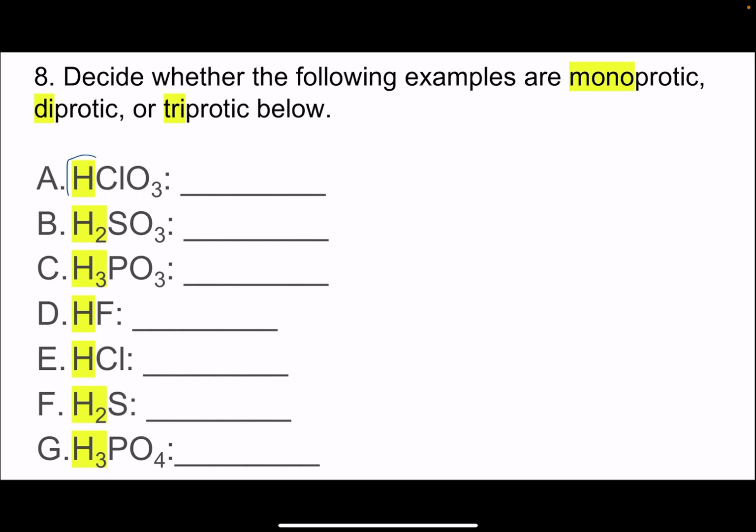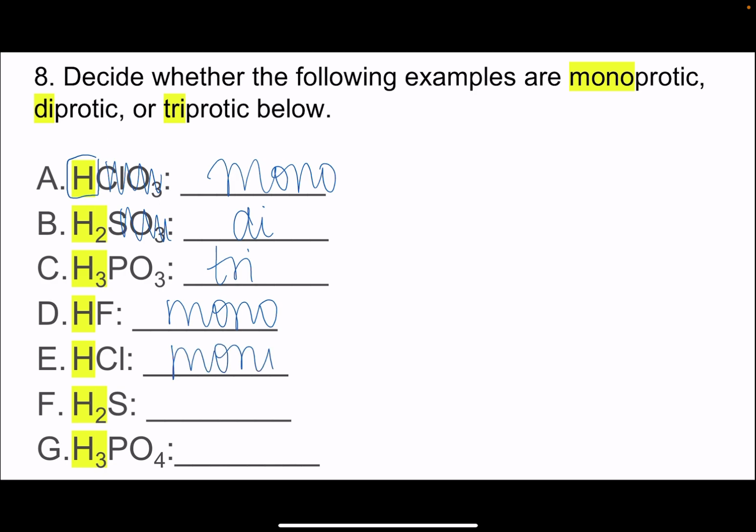So I highlighted my H's to make it clearer to see that I'm only focusing on them and not anything behind it. So we'll see that H, just one, would be monoprotic. H2 would be diprotic. H3 would be triprotic. HF would be mono again. HCl would be mono. H2 would be di, and H3 would be tri.